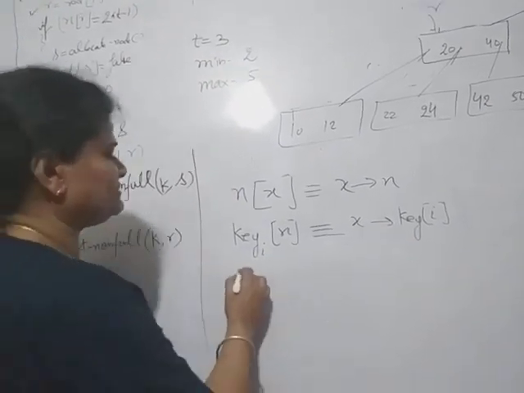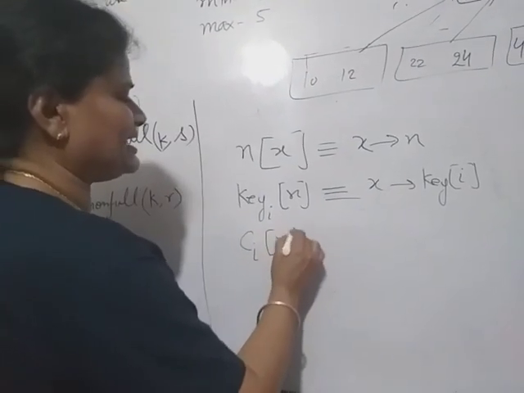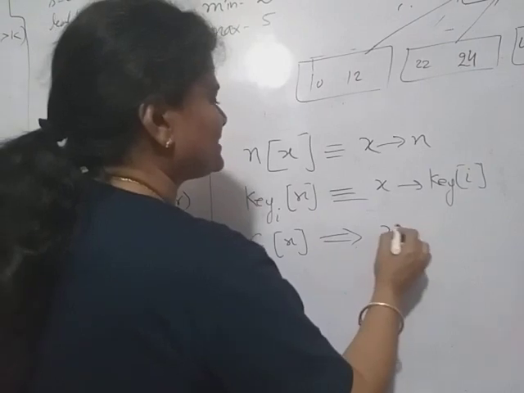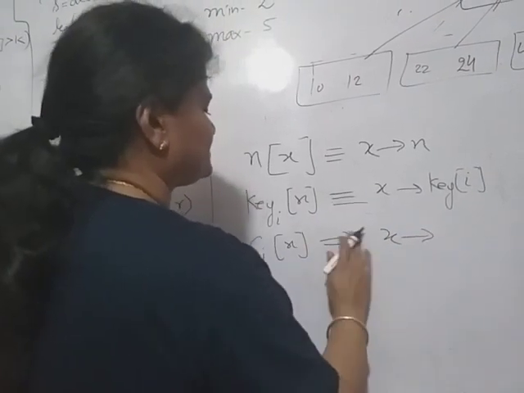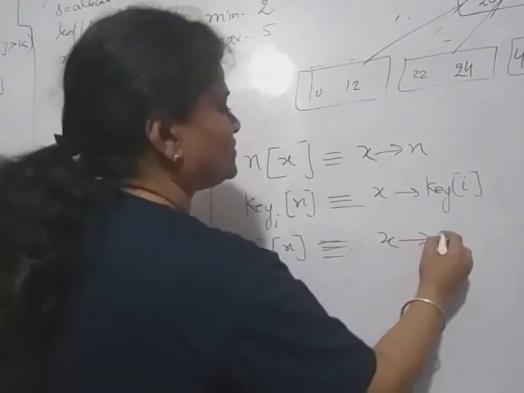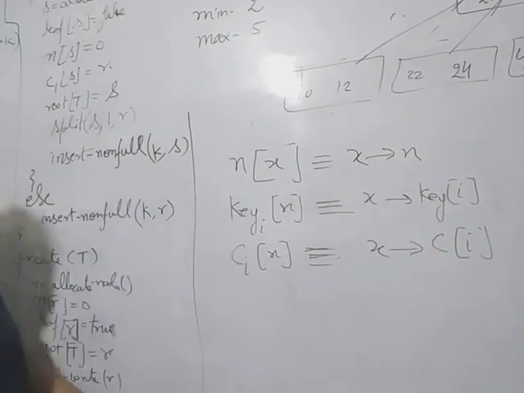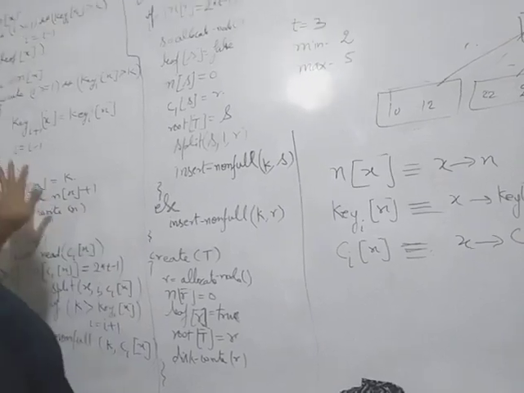And simply, if it is written c_i[x], this is converted into x.c[i], meaning I am talking about the ith child of x. So these changes are required, nothing else.